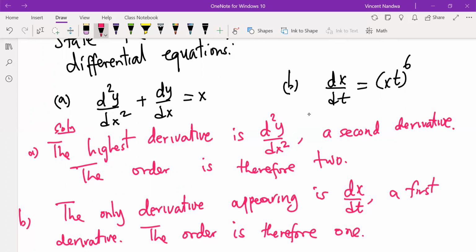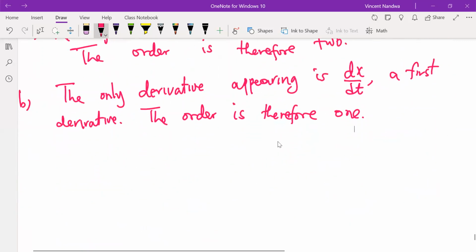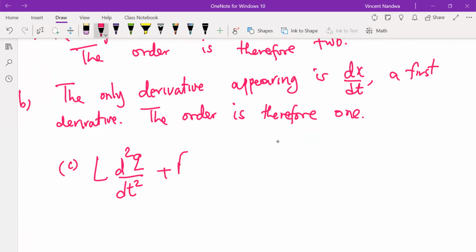Another example, if we have C, L d squared q/dt squared plus R dq/dt plus q/C equals E sine omega t.